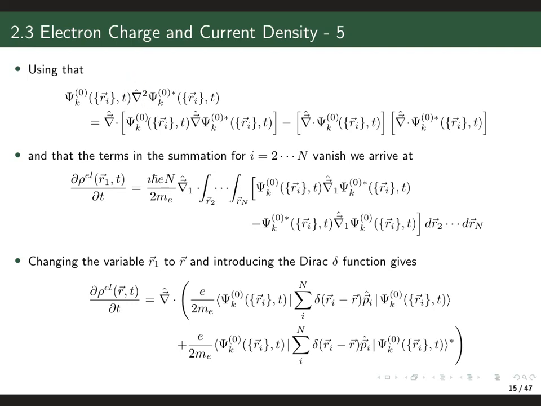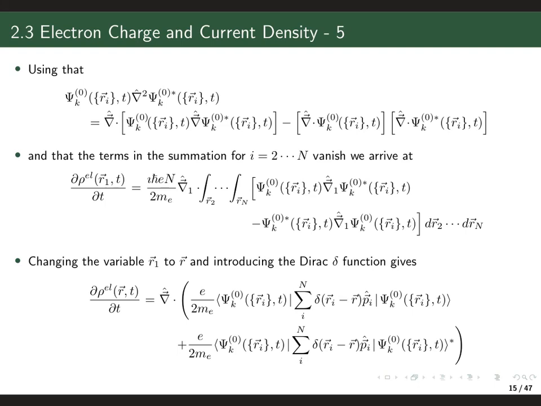So we have to use the product rule again, and we get again two terms. And we can show that all the other terms vanish. So the only term we are left with is now the one with the Laplacian for electron 1, or the Nabla operators, the gradient operators here for electron 1, and the integrals over the electrons 2 to n.